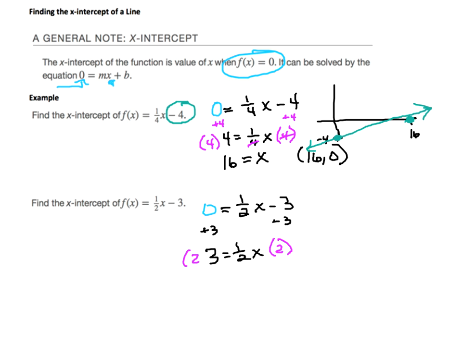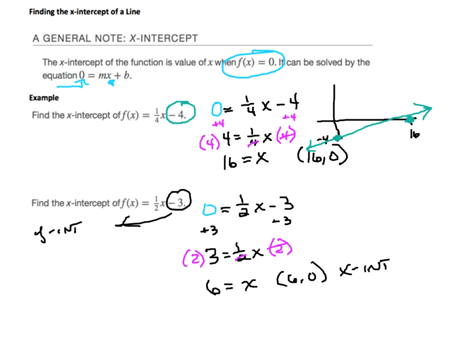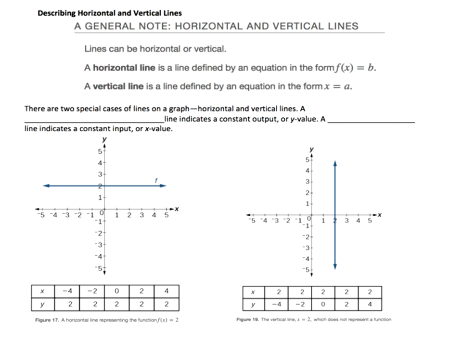Multiply both sides by 2, multiplying by the reciprocal to get it off of the x there. And 6 is x. That's the point (6, 0). And this is my x-intercept. And my y-intercept gotten from the equation is -3. That's the point (0, -3).